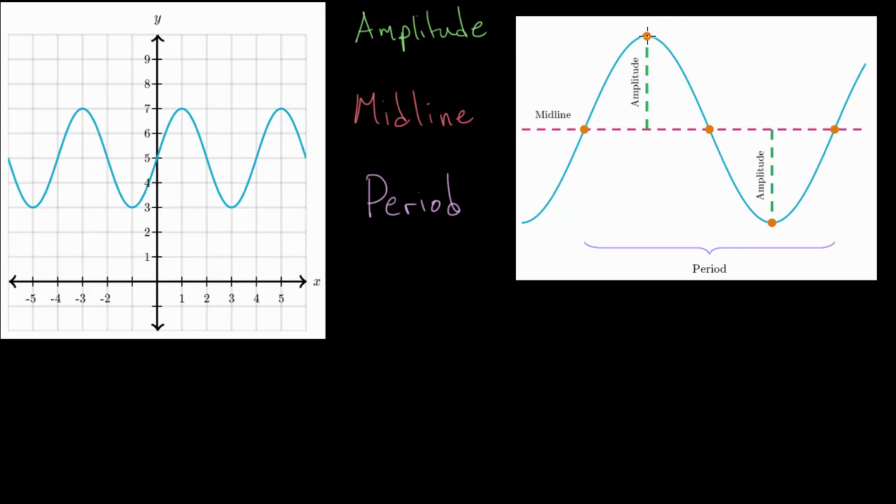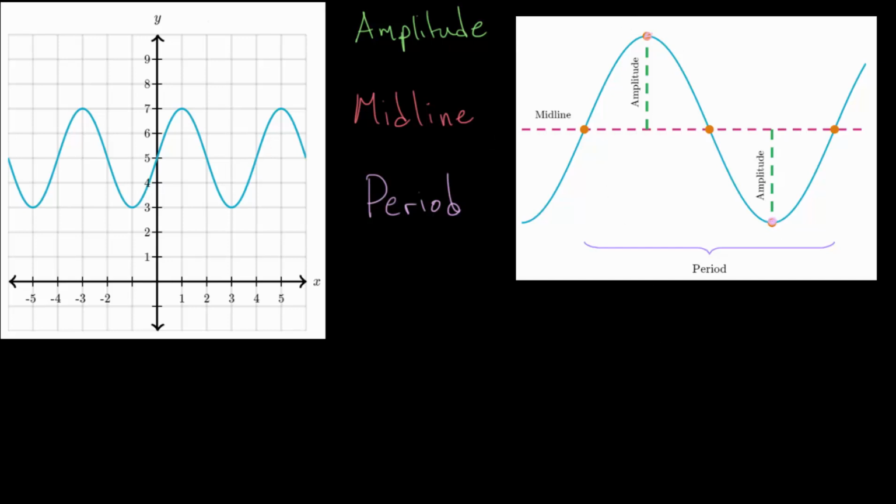It is the exact distance from the maximum value of the function to the minimum value of the function. It is right in the middle of those two points. The amplitude is the distance from the midline to either the maximum point or from the midline to the minimum point.